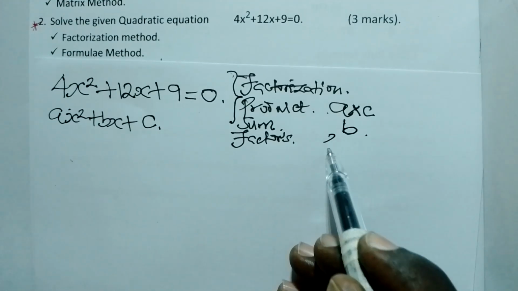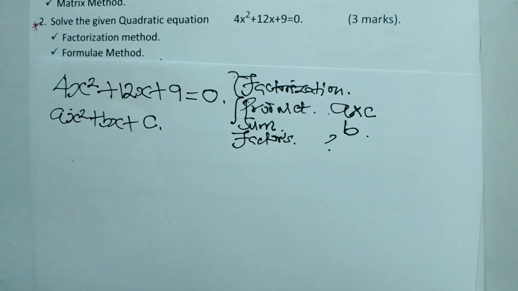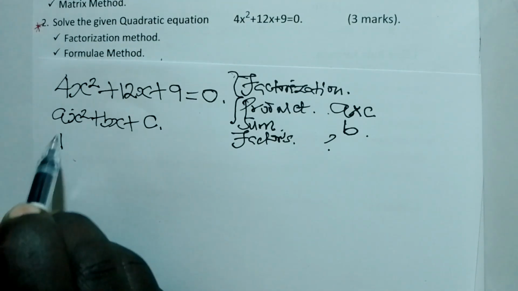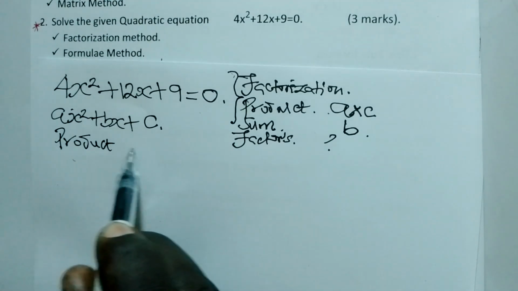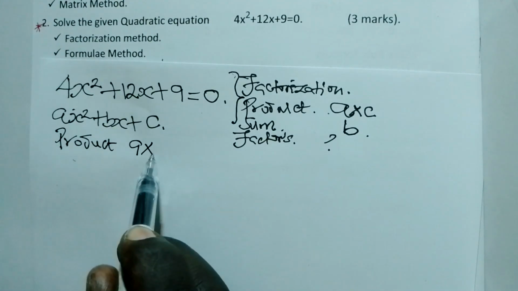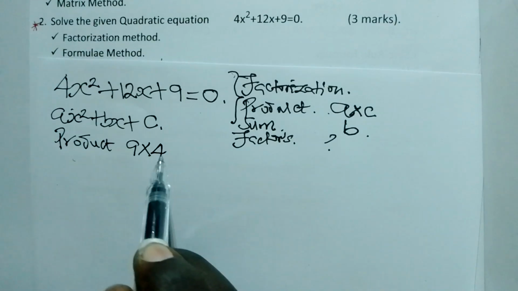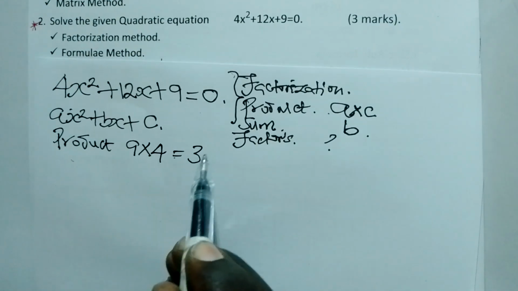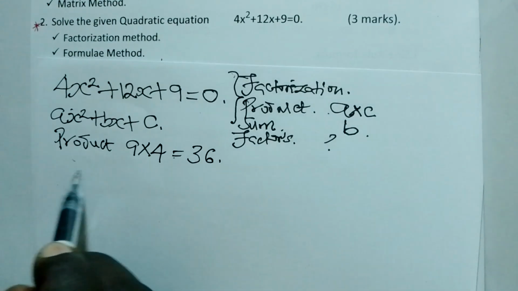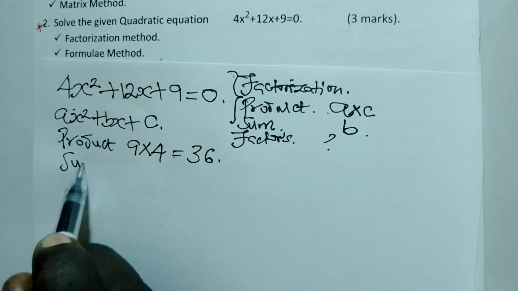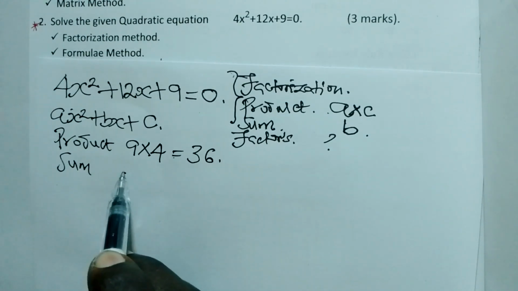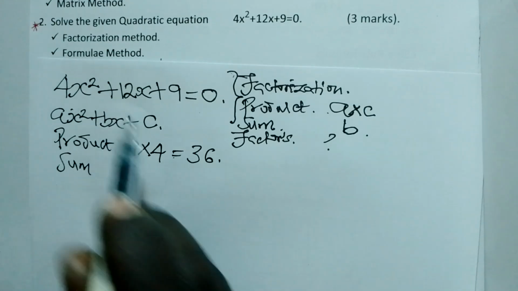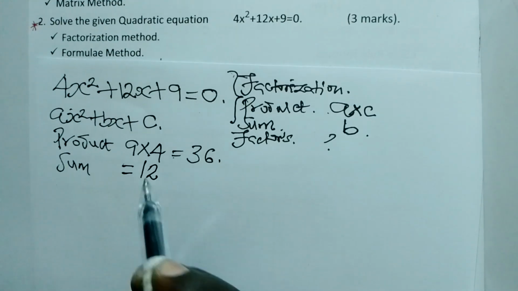So we'll have to find the factors. In this particular case, our product is given by 9 multiplied by 4, which is equal to 36, and the sum is given by the coefficient b, which is equal to 12.